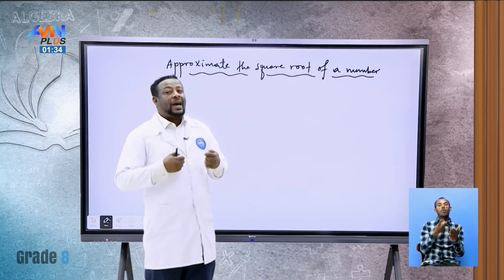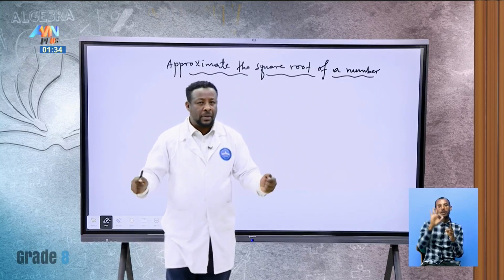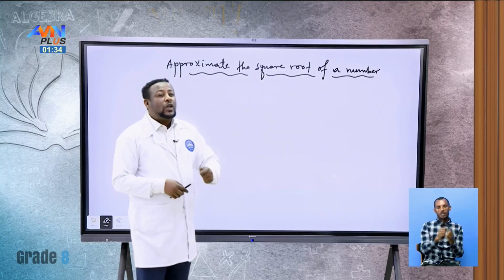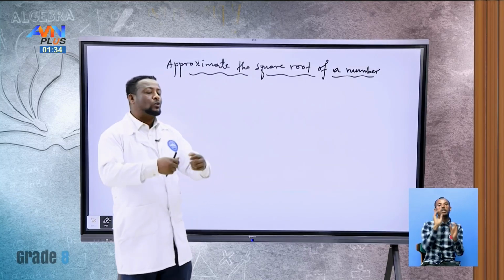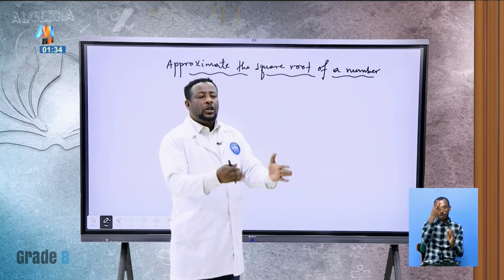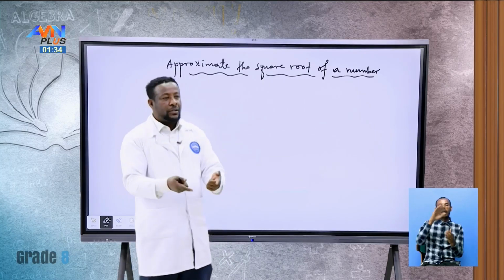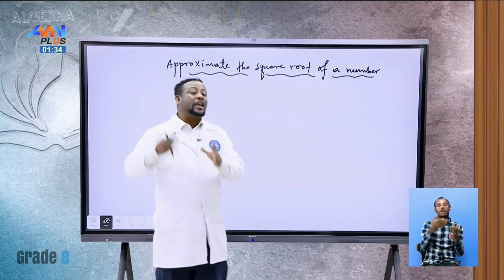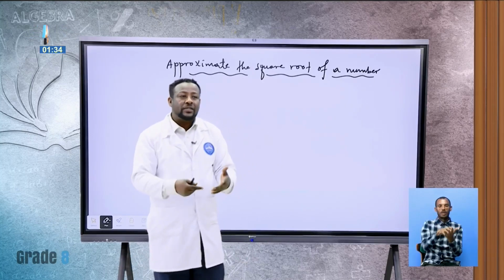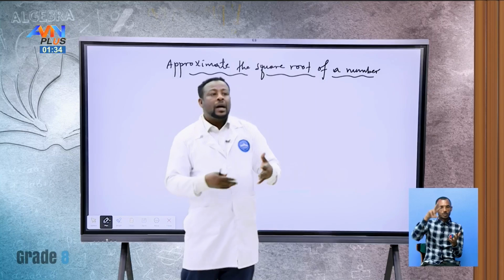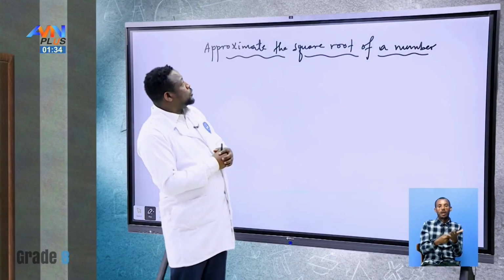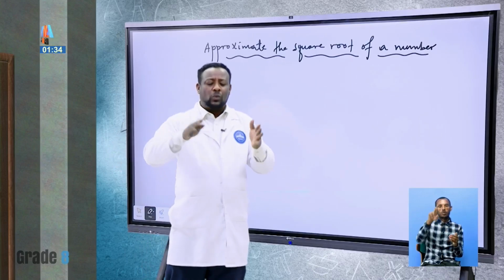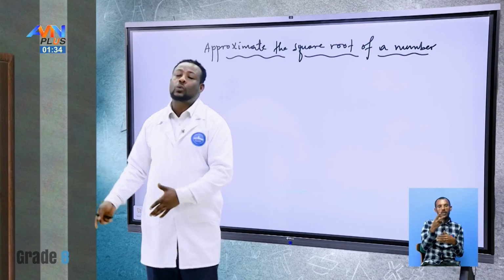Sometimes we may not directly obtain the square root of a number. That is common. So in this case, we use approximations to calculate the square root of a number, or we use a table of squares. At the end of your textbook, there are tables containing squares and square roots. So here, I'm going to tell you only how you can approximate the square root of a number without observing your table of squares.